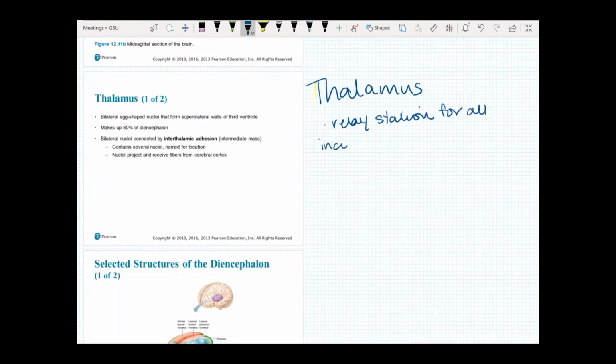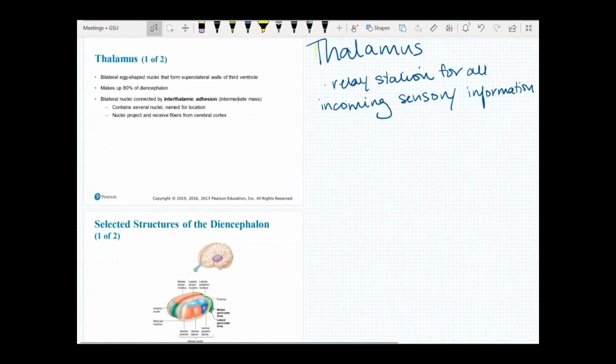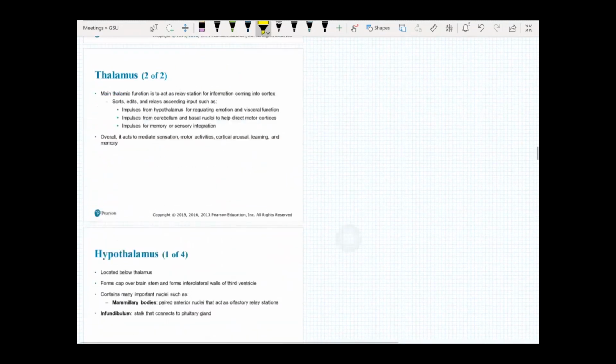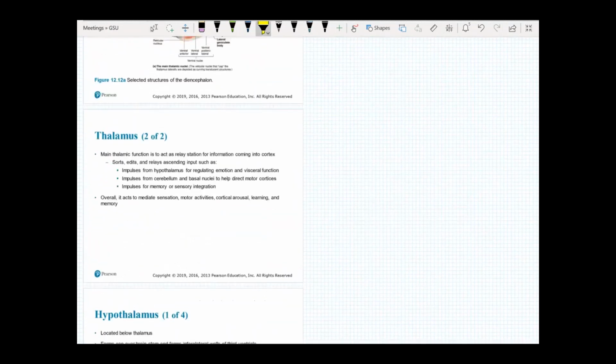Basically anything that comes through from the body, pain, temperature, vision, well, actually not smell, everything has to go through this thalamus section first. And it is responsible for receiving sensory information and then passing it to other sections and areas within the brain. So it's the main relay station.